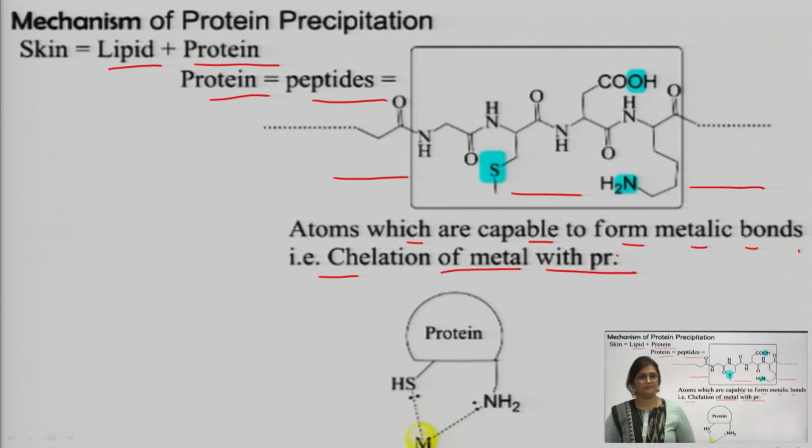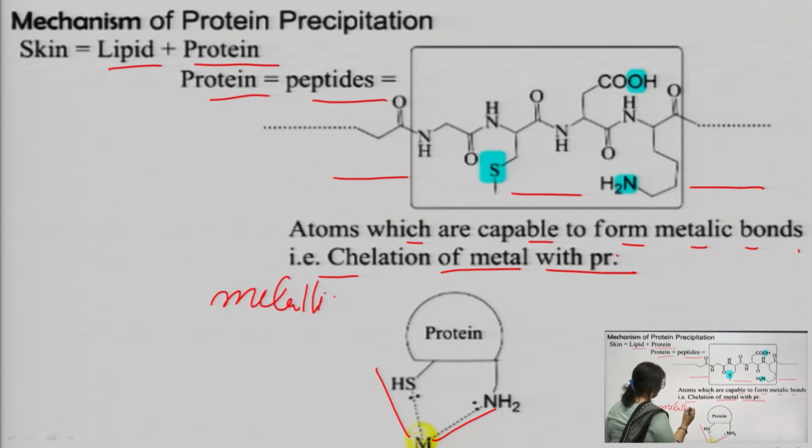So what happens here is, our astringent, especially metallic astringent, chelates with the proteins. They form metallic bonds, also known as chelation.